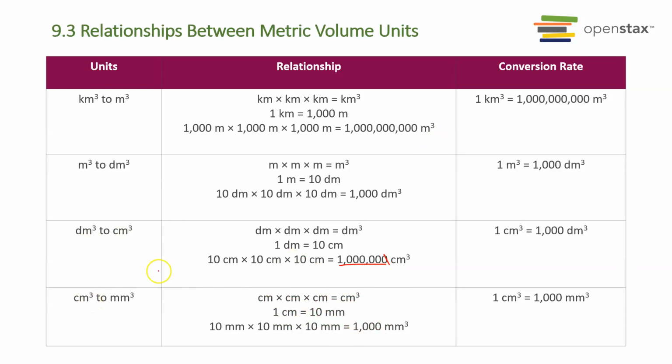You just keep going one step down: meters, decimeters, decimeters, centimeters, centimeters, millimeters. Each of these should just be 1,000. So again, textbook company, free. 1,000 centimeters cubed. All right, but they got it right over here.